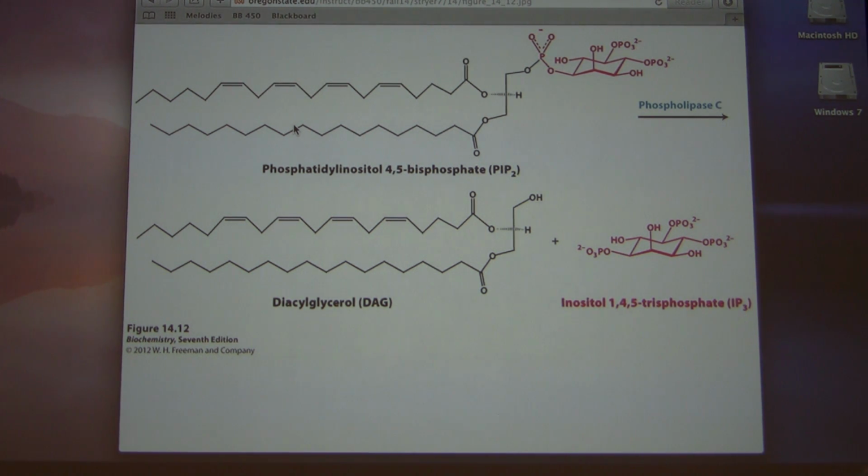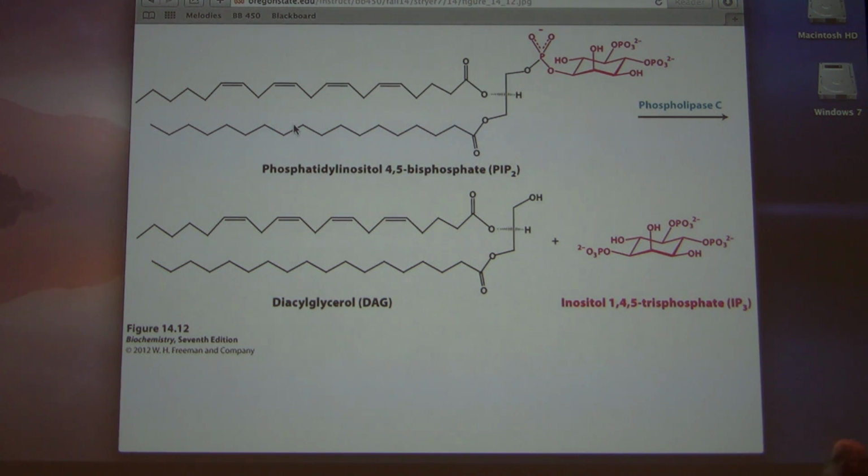This signaling mechanism may play roles in constriction of blood vessels, for example, and there's a variety of ways in which it can act. But the bottom line of this signaling pathway is that the activation of this pathway activates an enzyme on the inside of the cell called phospholipase C.